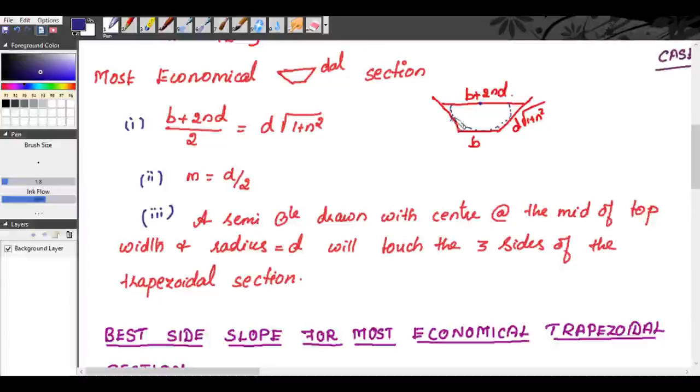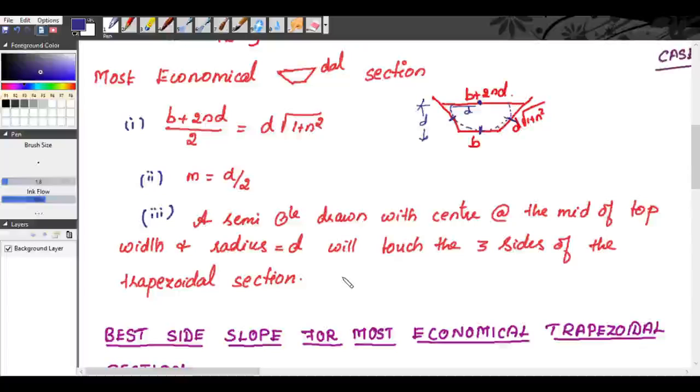It should meet the sides and it should meet the bottom also. So a semicircle drawn with the center at the midpoint of the top width and radius equal to d, this radius should be equal to small d, will touch the three sides of the trapezoidal section. So up to this we saw in the previous class.